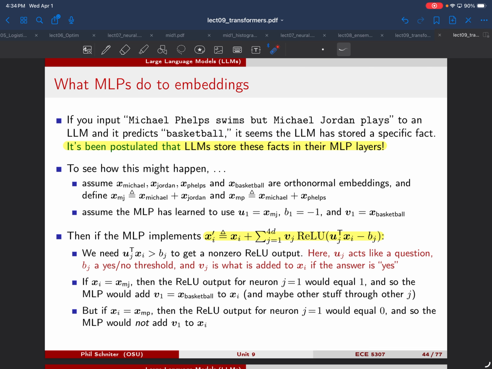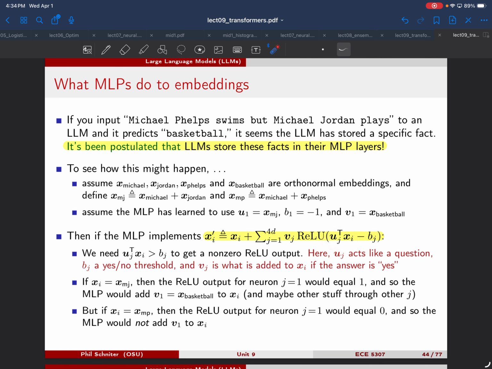Okay, so let's say that we're putting XMJ through our MLP, so that's what X_i is. Let's say we're looking at the very first activation, and the very first U is also XMJ. So the question is like, are you Michael Jordan? That's basically what this is asking of X_i. If it is Michael Jordan, then because we said they're orthonormal, this would be 1.